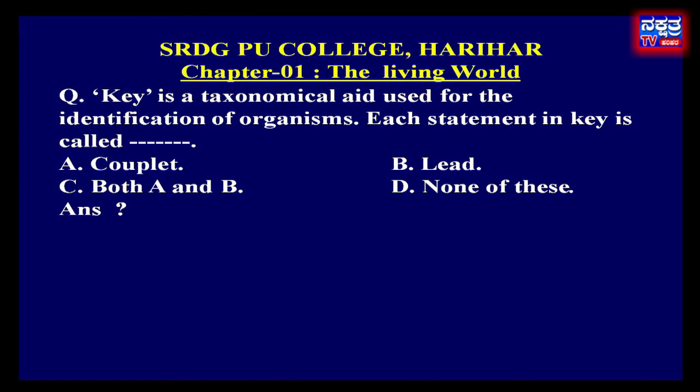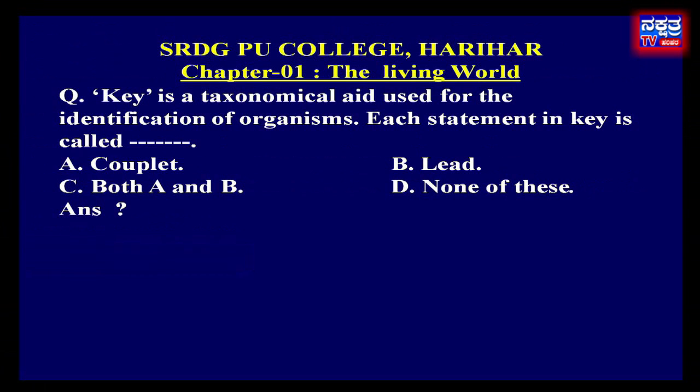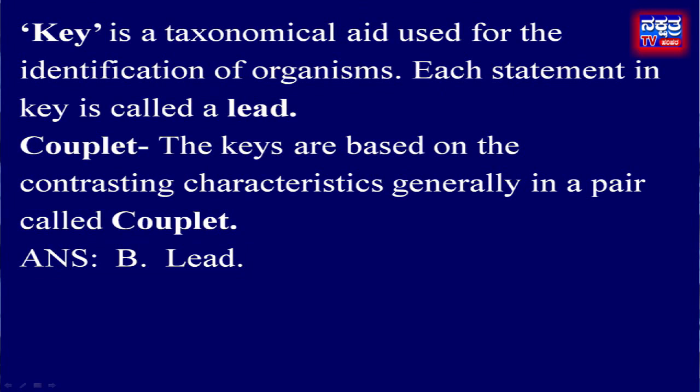Each statement in a key is called a lead, but couplet indicates that keys are based on contrasting characters, generally in a pair called couplets. Therefore, in the given options, B is the right answer, that is lead.